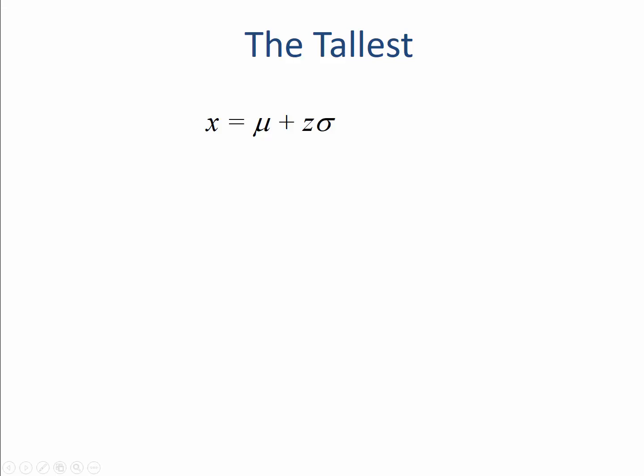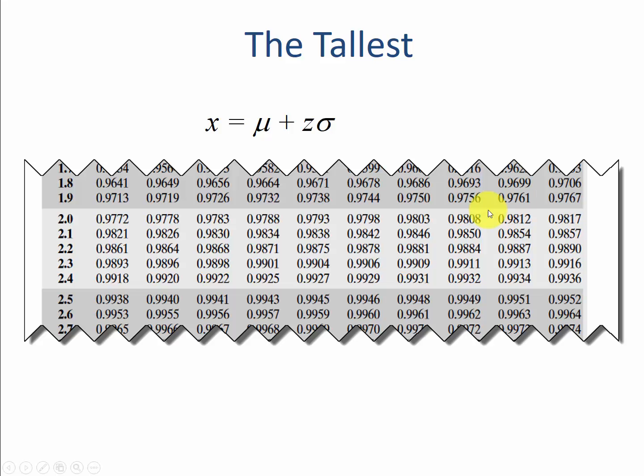0.9900. So using table 5 and the body of the table, we find the closest value to 0.9900, and it turns out to be 0.9901. This gives us the row and the column components. So the row is 2.3, the column is 0.03.